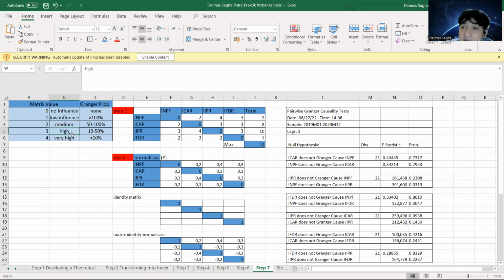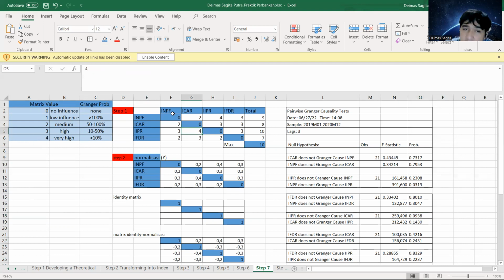So it's high, because the Granger probability for high is 10 until 50%, so the value is 3. For IPR and ICAR here, the value is 0.09, or 9%. So it's below 10%, which means very high, so the value is 4.